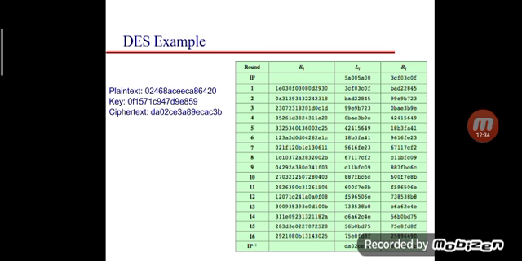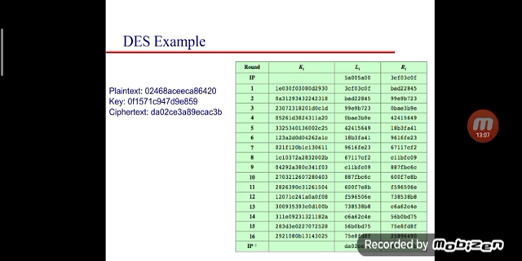Here we can take one example of DES, how the DES algorithm can be performed. As we discussed earlier, the DES algorithm consists of 16 rounds. From round 1 to round 2, what kind of operation happens, what is the output of round 1, round 2, round 3. If we consider the output of each round, in this simplified table we can consider the example of the DES algorithm.